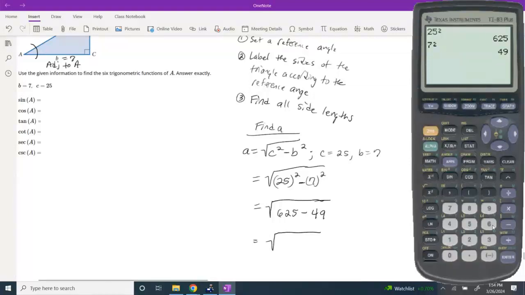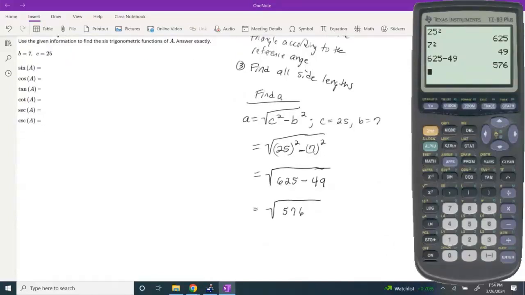The next thing I'm going to do is subtract. 625 minus 49 is 576. And now I'm going to take the square root of 576, which is 24.